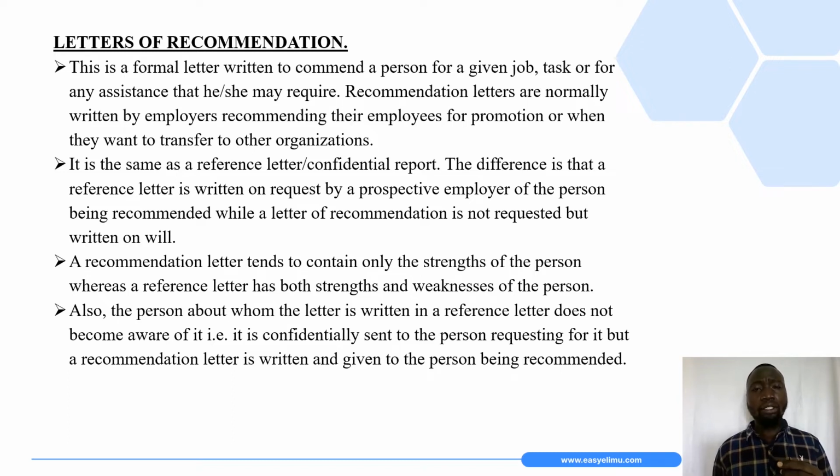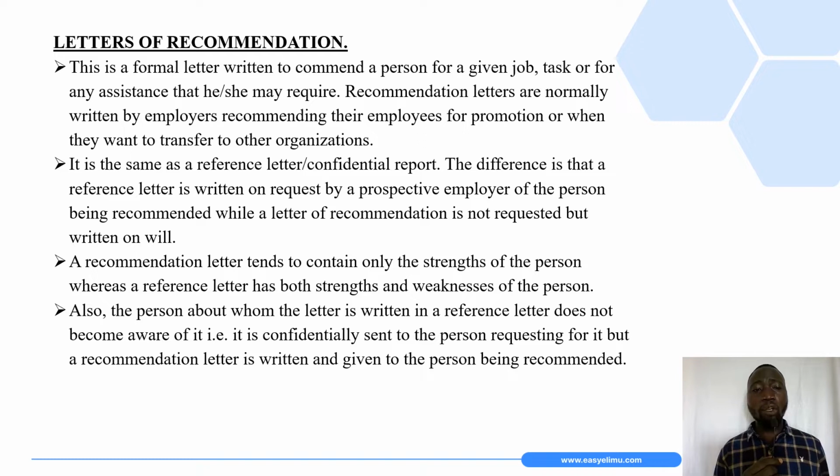When we say that recommendation letters are written by employers recommending their employees, it means that the said employees have worked in their companies, and it is time that they are now moving to other workstations.